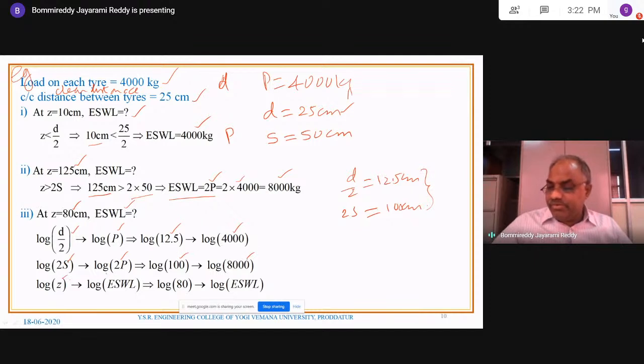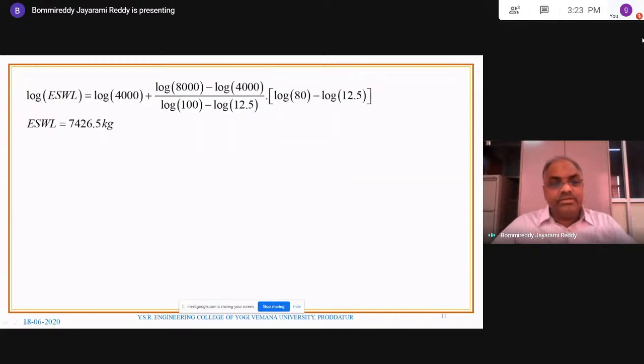Log of Z and log of ESWL, where Z is 80 centimeters. This Z value 80 lies between 12.5 and 100 centimeters, so we have to go for interpolation. This varies linearly, and this is the point in between; interpolate the value and get the corresponding result.